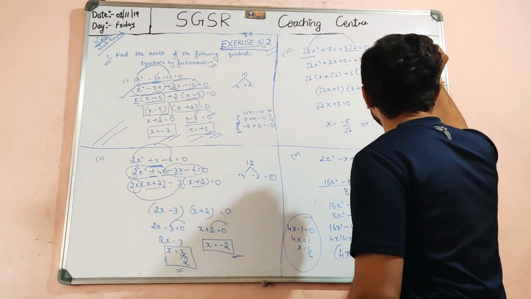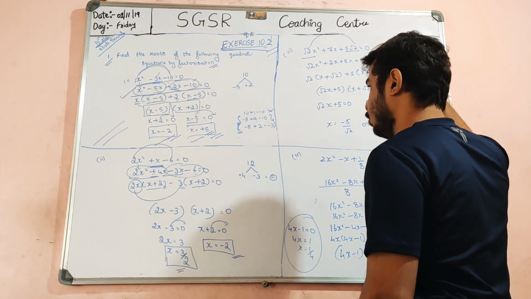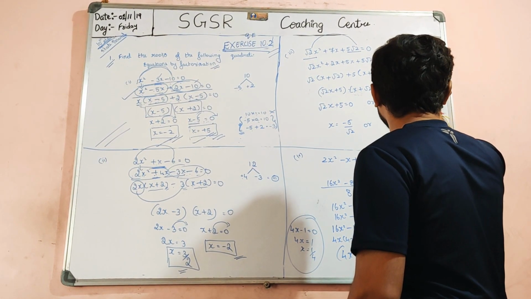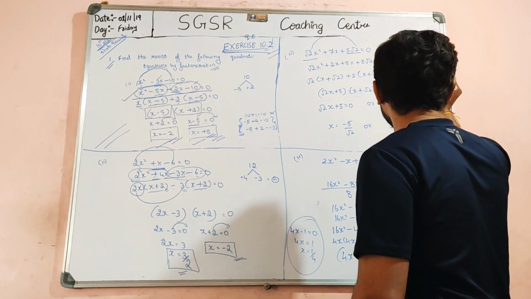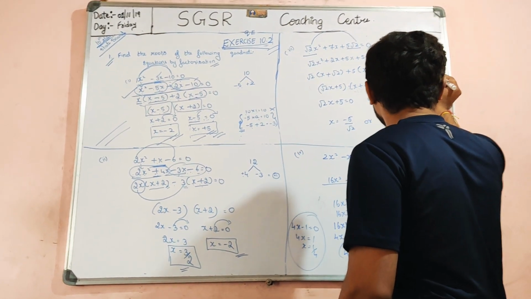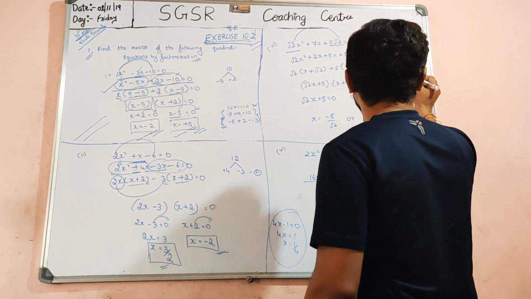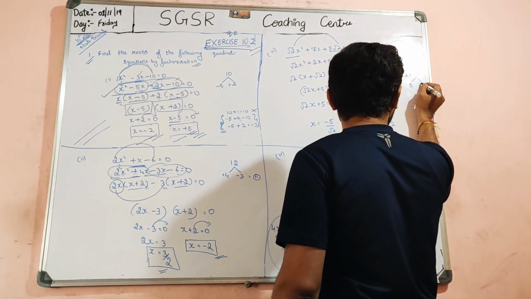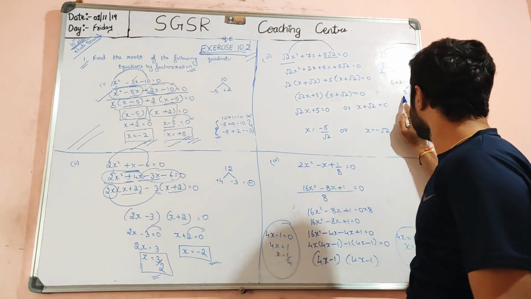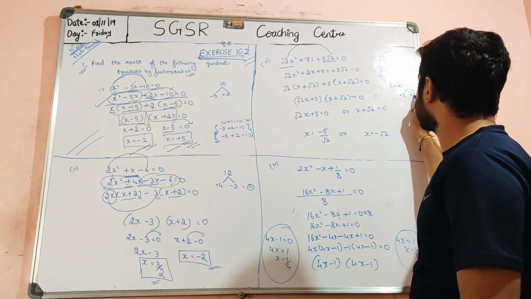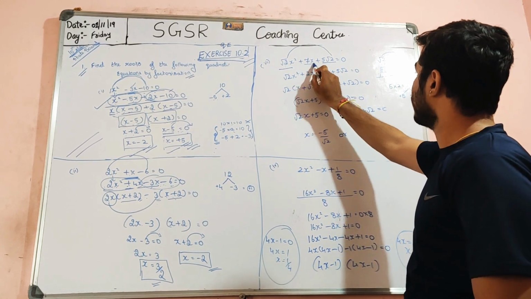So root 2 into root 2 becomes 2, so it becomes 5 into 2. So 5 2s are 10, students. Now 10 you should split into 2 and 5. So you can write it as 5 2s are 10, students.